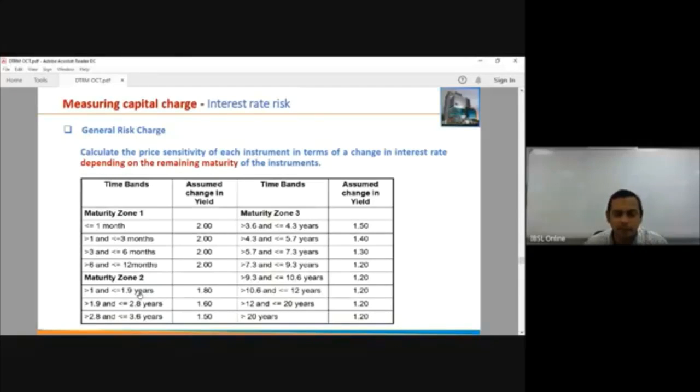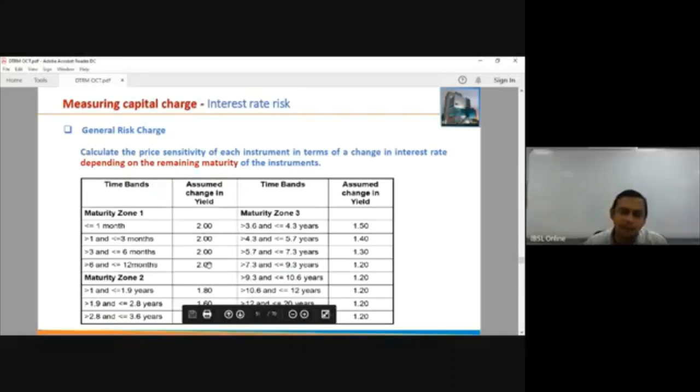Then again, you need to apply the same formula, assuming that your yield rate will change by what percentage out of this table? 2%, because the remaining maturity I said is 10 months. So 10 months is this bucket, the rate is 2%.